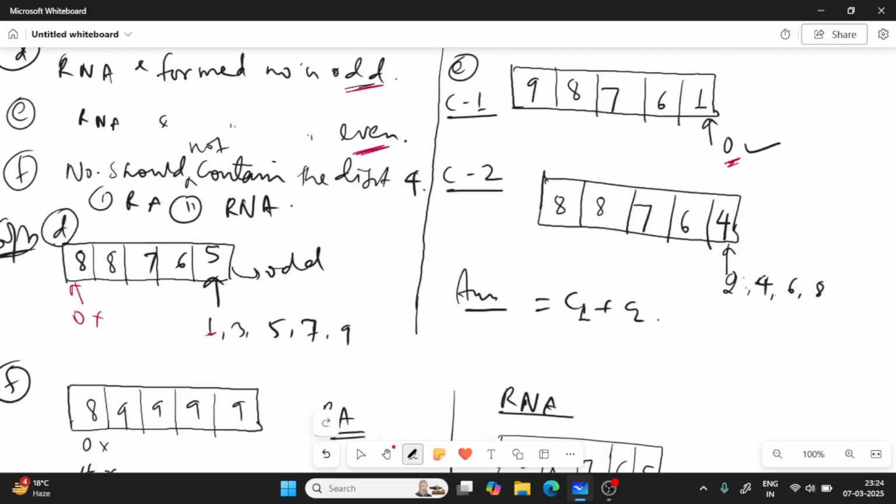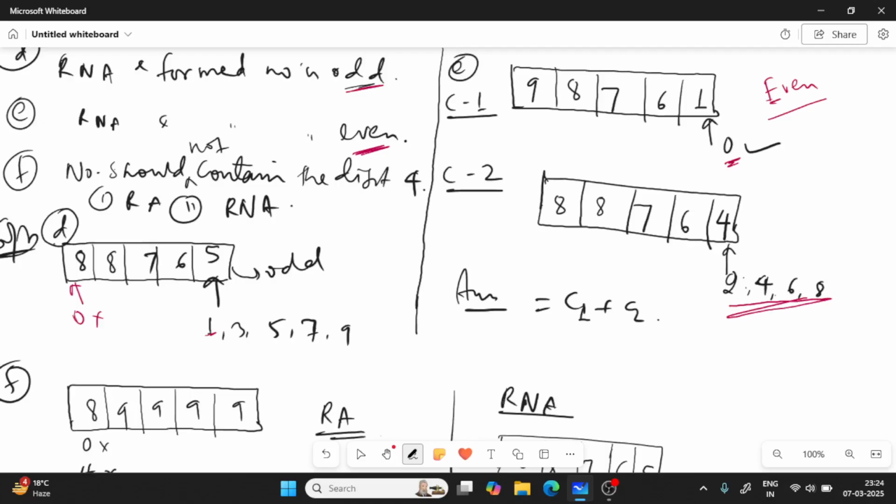So when 0 is not used at the unit place, in that case, what will we use? We will use 2, 4, 6, 8, because we have to form what? An even number. And every even number ends with either 0 or 2, 4, 6, 8. So we'll separate these two cases: where the number ends with 0, that will be put into one category, and the number which doesn't end with 0, that will be put into a separate category.